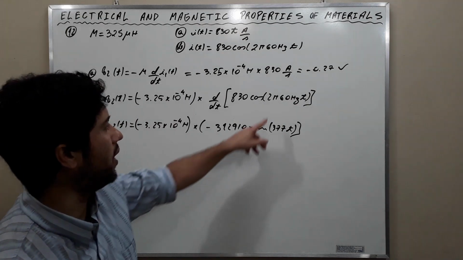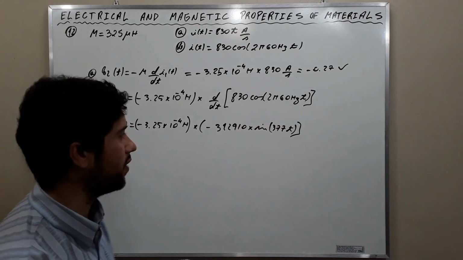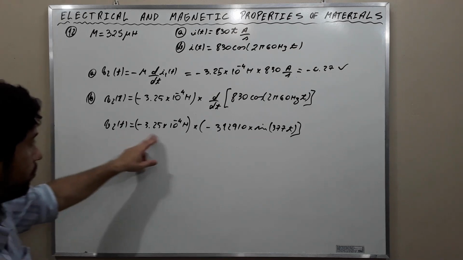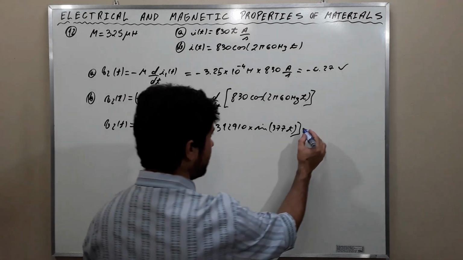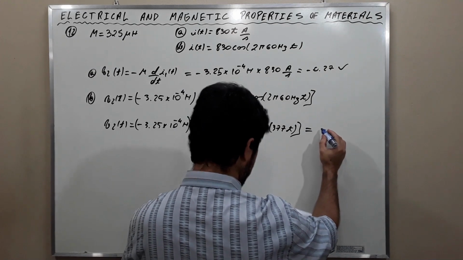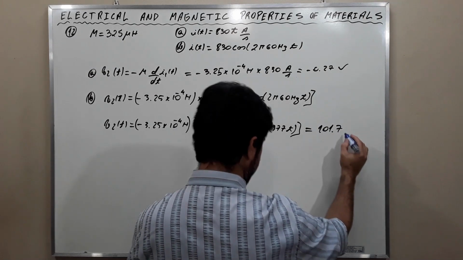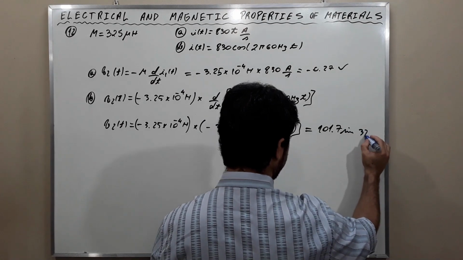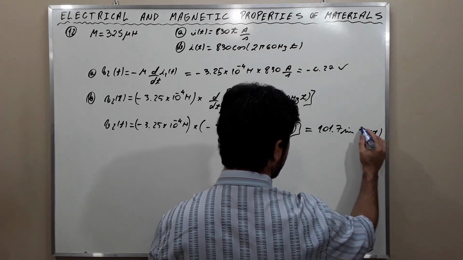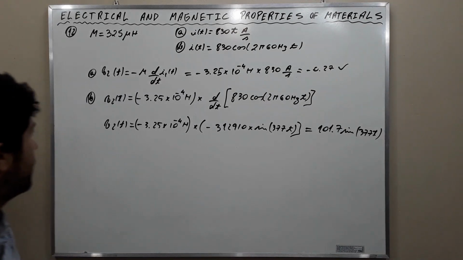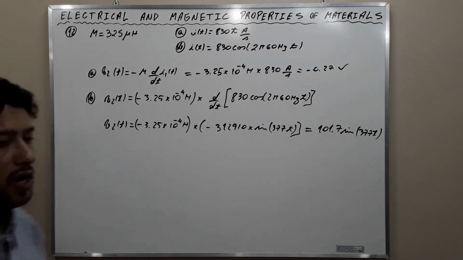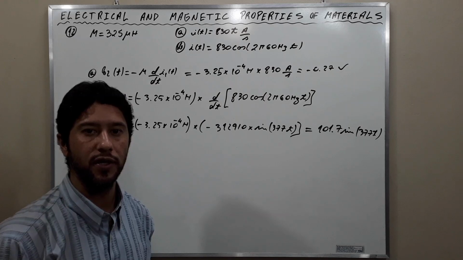If we multiply this, we get 377. And multiplying this by this, we get that V2 is equal to 101.7 times the sine of 377 times t, okay? This is the answer of letter B, and it is all for exercise 12. Let's go to exercise 13.